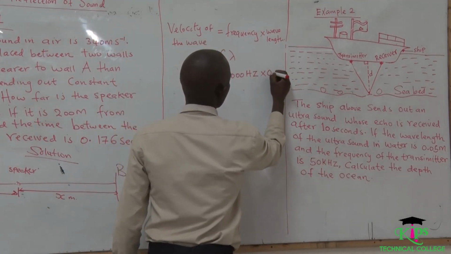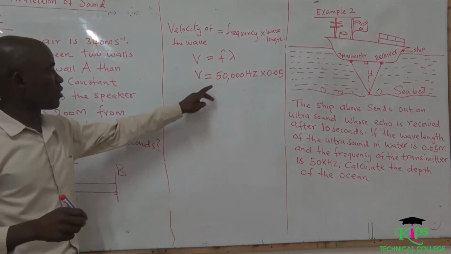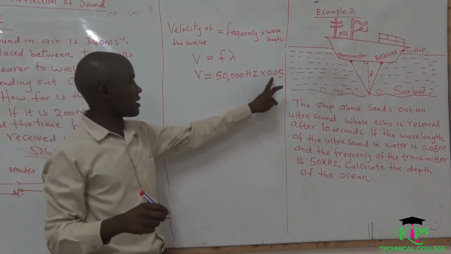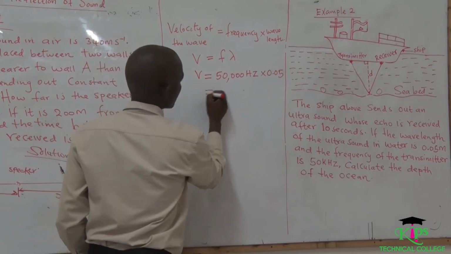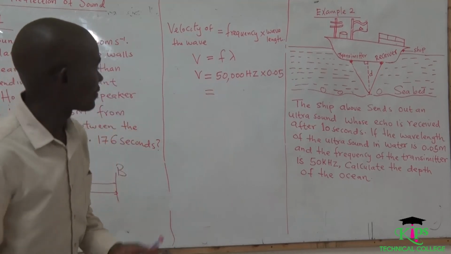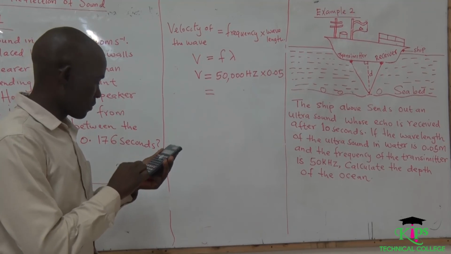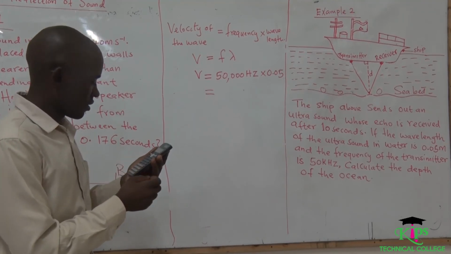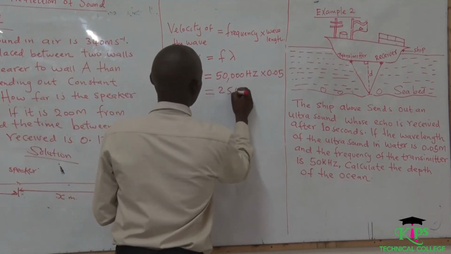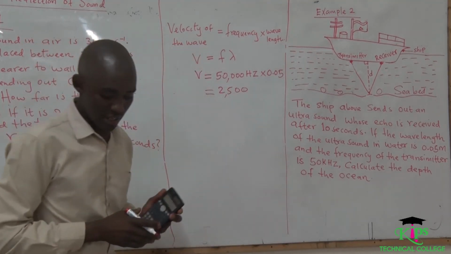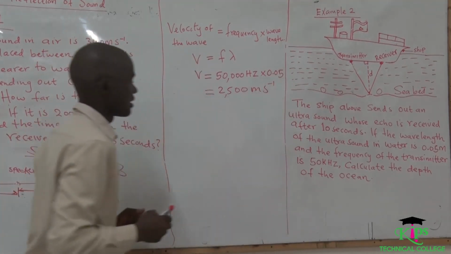So velocity will be equal to 50,000 multiplied by 0.05 meters. If you multiply, it becomes 50 times 0.05, you get 2,500 meters per second. That is the velocity.